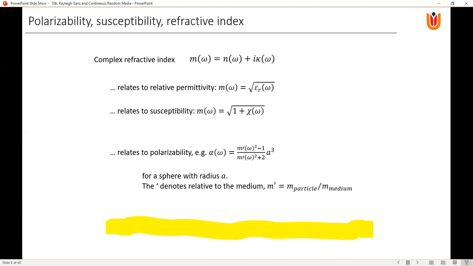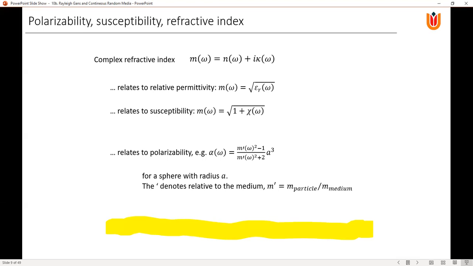We made a Taylor expansion of that square root. It relates to the susceptibility in the same way. So m is 1 plus, and it relates to the polarizability of the molecule in that direction.